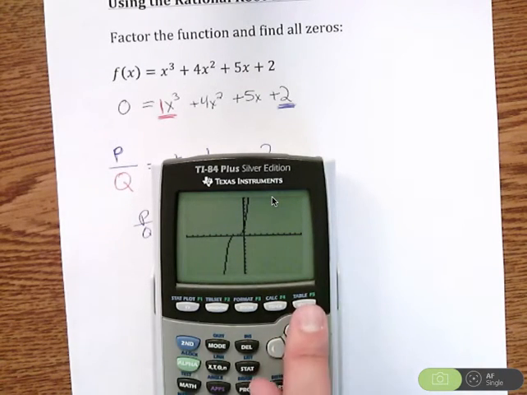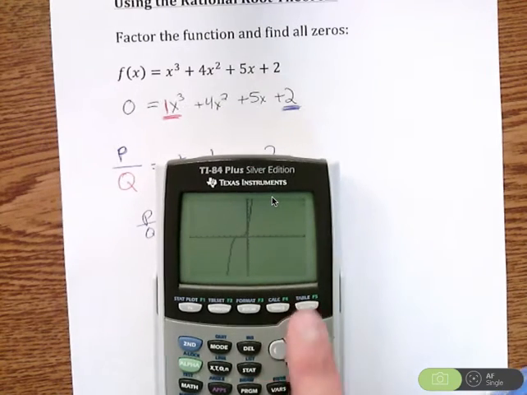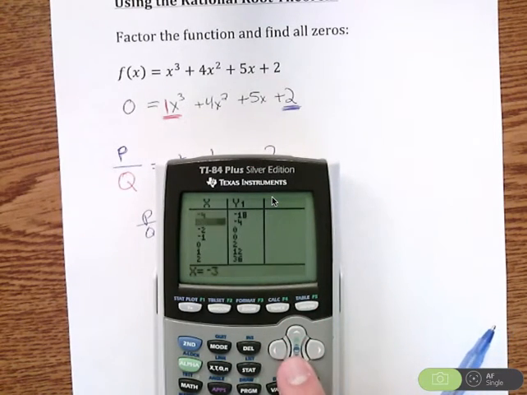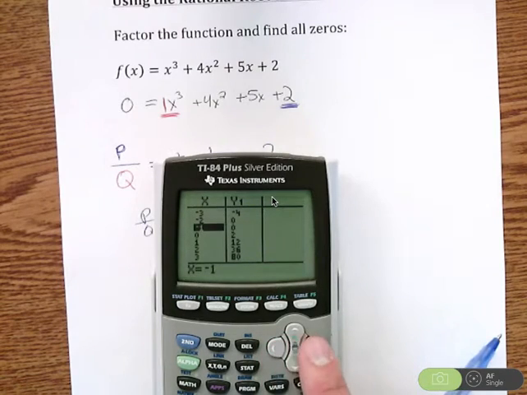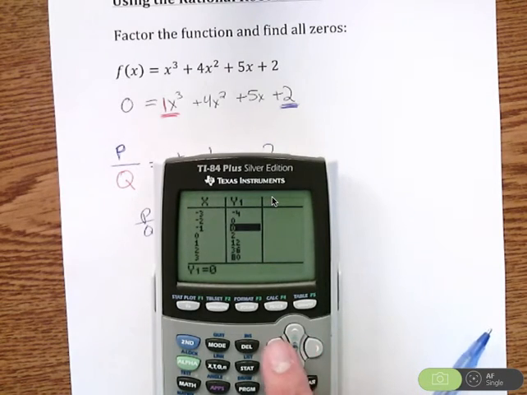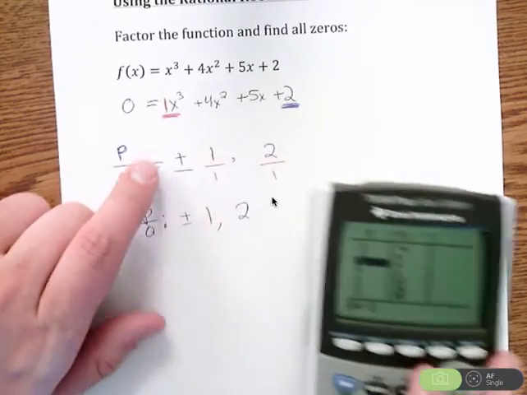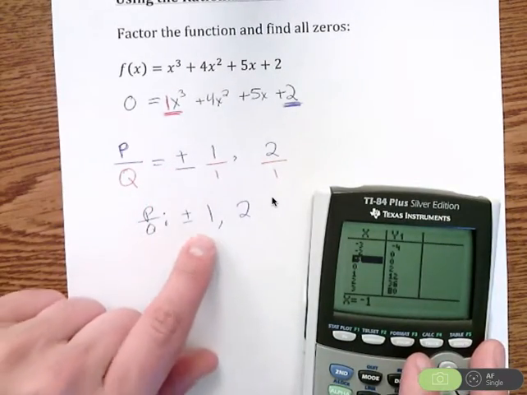More importantly, I'm going to look at the table. So I'm going to do second table. Looking at this list, what I'm looking for is what x values give me a y value of 0. One of them I notice, negative 1 gives me 0. Notice how negative 1 is in my list.